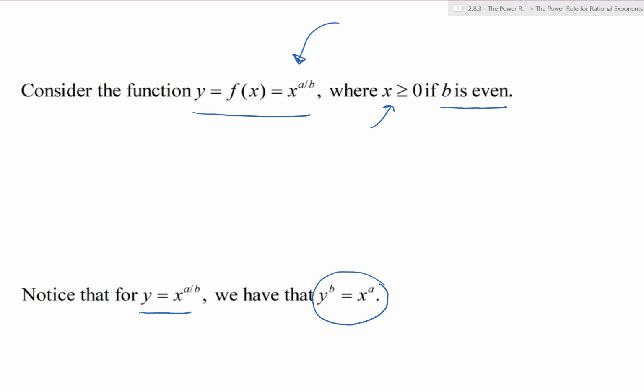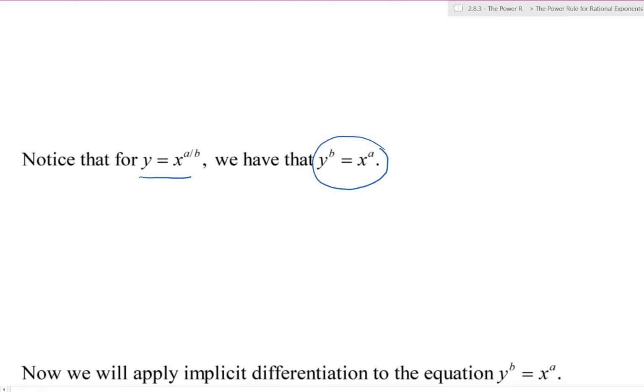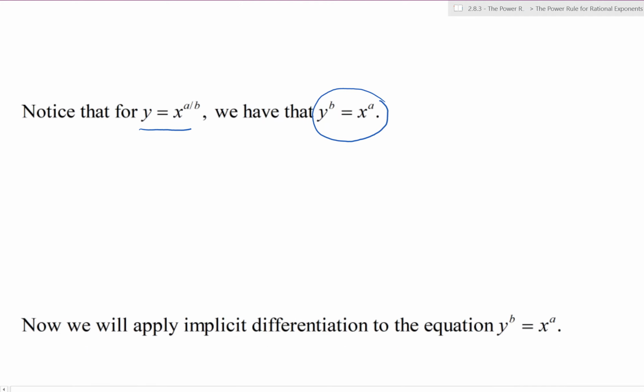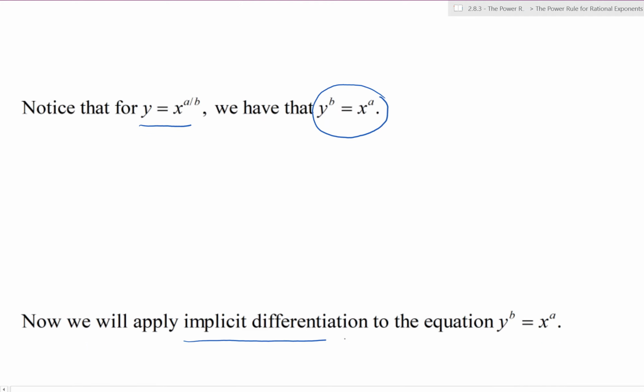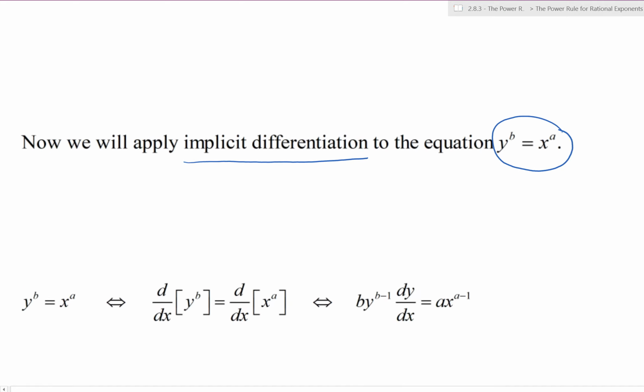And a and b are integers, and we've already established the power rule for integer exponents. So what we'd like to do is figure out dy/dx by applying implicit differentiation to the equivalent equation y to the b is equal to x to the a. So that's what we'll start with.